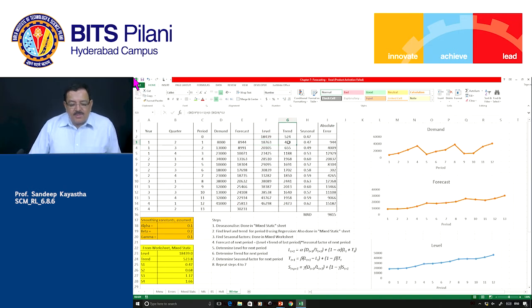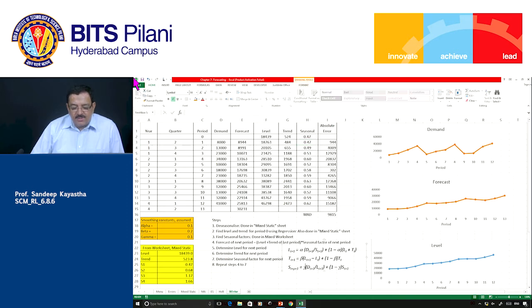Similarly, we get the new trend using this equation, which uses beta. Beta is 0.2. The difference between these two levels, 18,763 and 18,439, we have this difference, plus 1 minus beta into trend for the previous period. So we have found the level, we have found the trend, and now we find the seasonal factor.